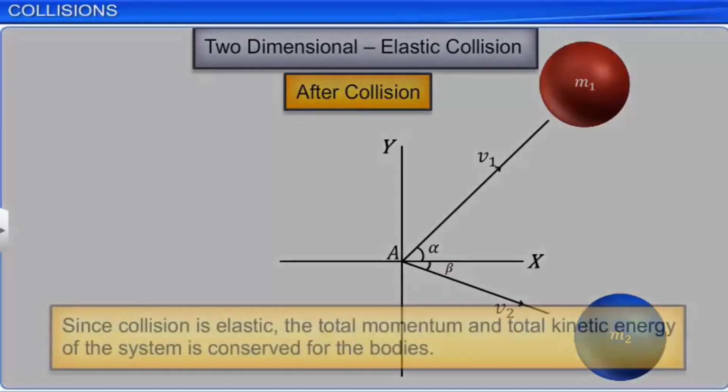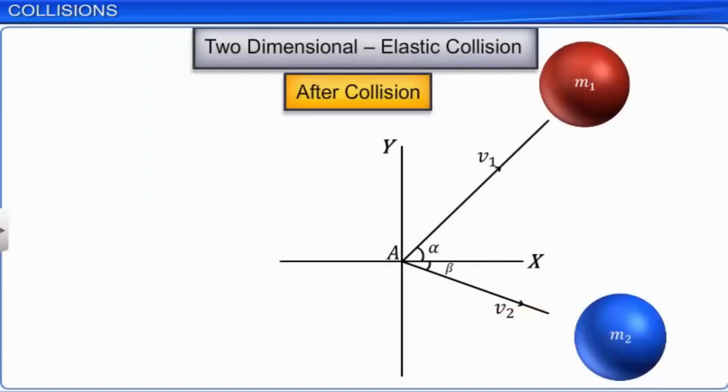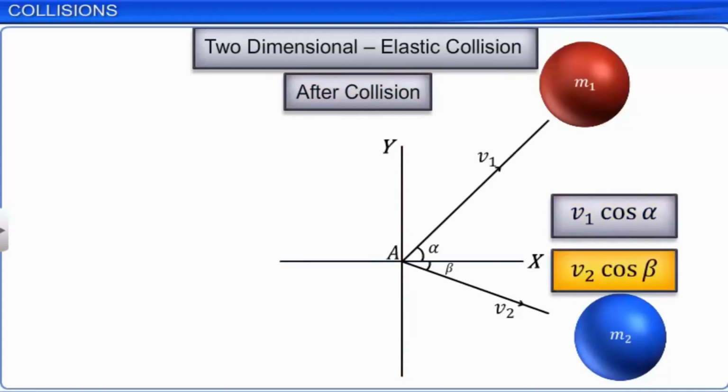Since the collision is elastic, the total momentum and total kinetic energy of the system must be conserved. The law of conservation of momentum must be applied both along the x-axis as well as the y-axis. v1 cos alpha and v2 cos beta are the components of v1 and v2 respectively along the x-axis.